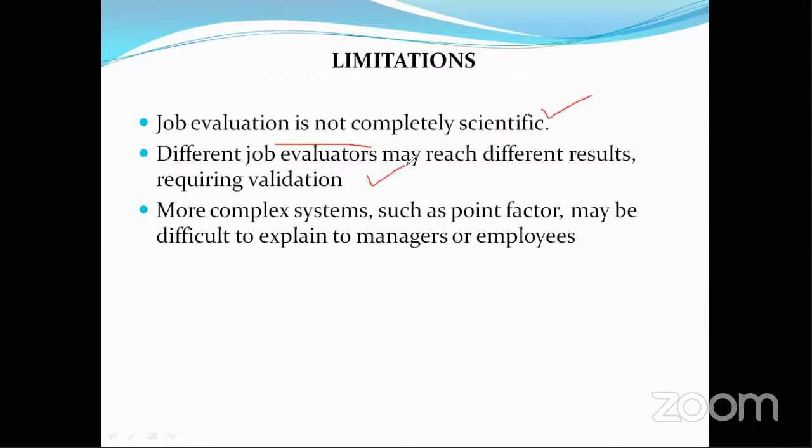The various persons whom you take into consideration may give you different results. More complex systems such as the point factor method may be difficult to explain to managers or employees. I explained various methods of job evaluation, and some may be very difficult to explain to managers or employees. So this is about job evaluation.